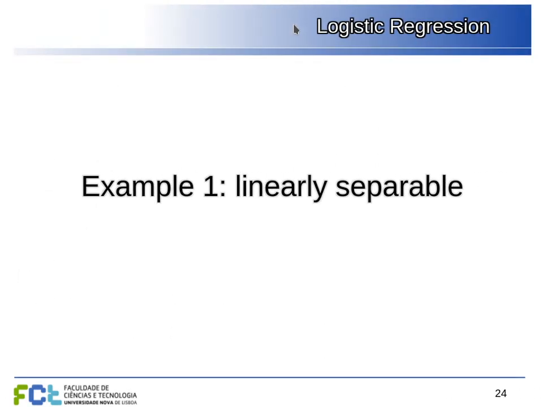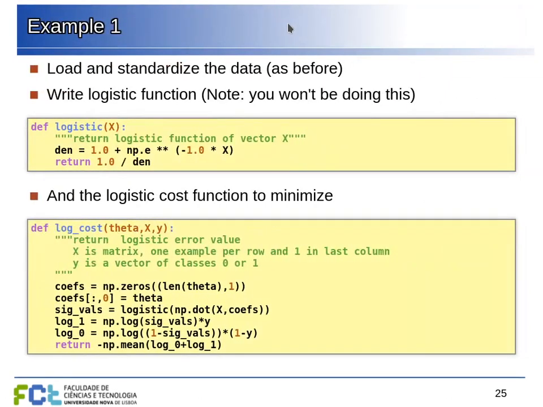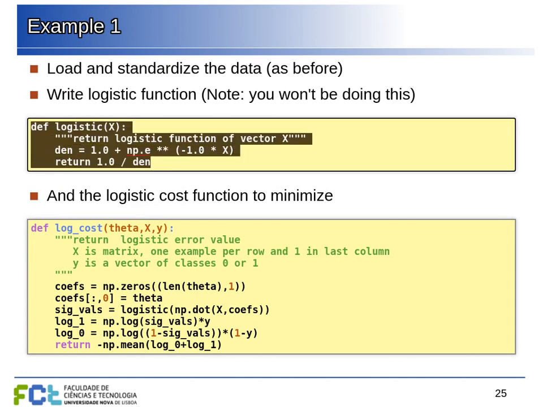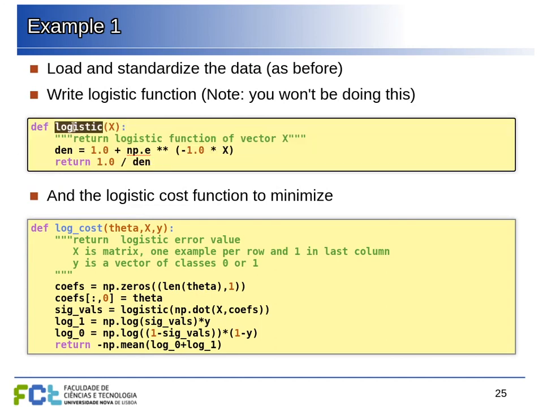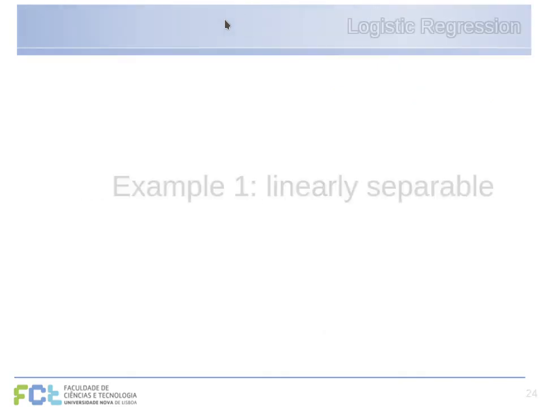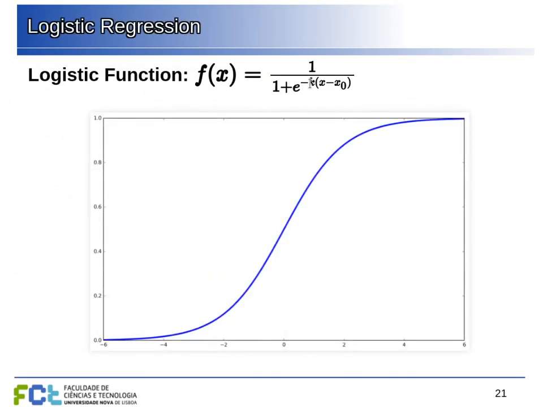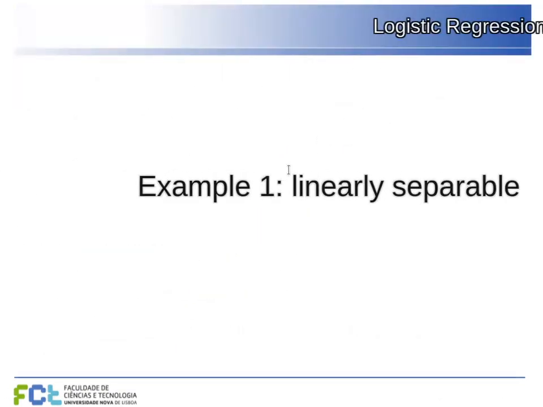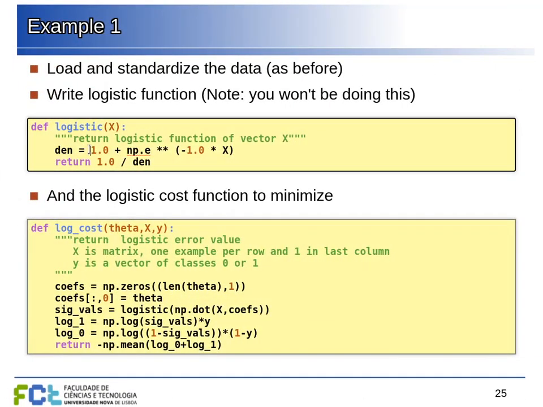So let's see an example first with linearly separable data. We can write an auxiliary function just to compute the logistic function. So this is this function here. We get some x inside and we output the value for the logistic function. So it's just 1 over 1 plus e raised to minus x.